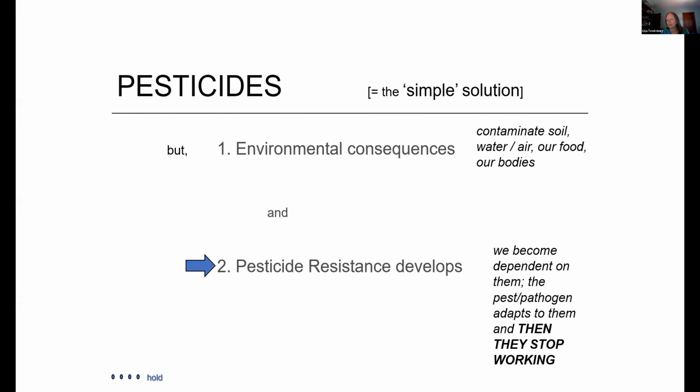We have to worry that it's going to contaminate our water, our soil, ourselves, and then there's pesticide resistance. If you keep using the same pesticide over and over, that develops. And that actually is what happened with the potato beetle. All of the various insecticidal sprays that were used for them, after a period of years, and it got shorter and shorter periods of years, the beetle was able to develop resistance to it.